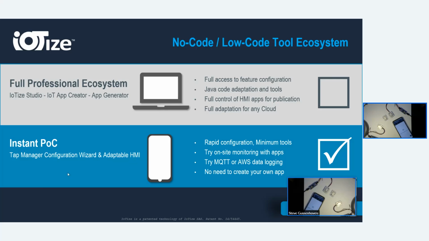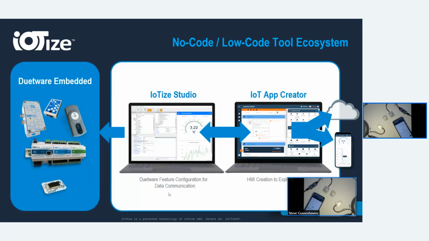The full professional system, like I mentioned, is equally adapted to our embedded modules and our industrial devices, composed of software for configuration that runs on your PC, particularly adapted when you need to have a configuration that you will apply to hundreds, thousands, hundreds of thousands of connected devices.